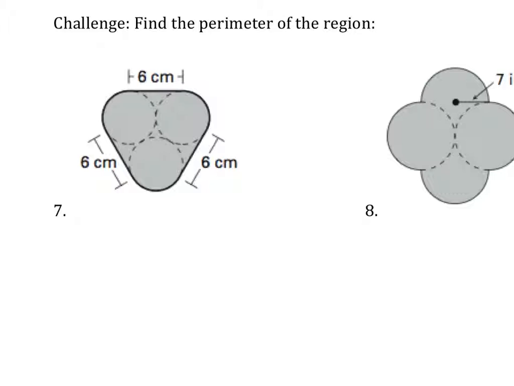The last thing we want to do is, just like with area, we dealt with composites, and composites were shapes that are made up of more than one shape. So notice the two things going on here. I have a piece of a circle, a piece of a circle, and a piece of a circle all there. On top of that, I have a straightaway, and a straightaway.